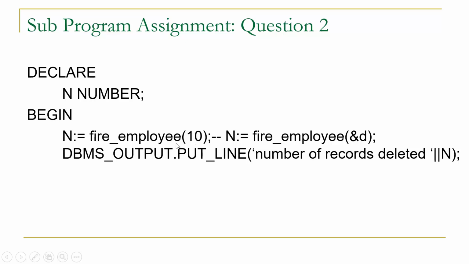The total number of record deleted will be stored in this variable n, and here we are displaying its value by using dbms_output.put_line statement. It is important to note that you can pass the value of department number by using substitution variable also. This is the end of this PL/SQL block.